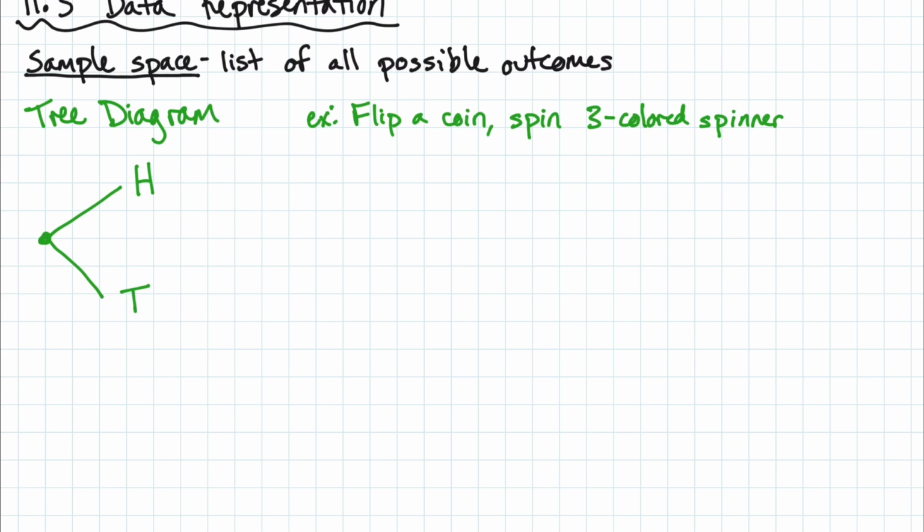Great. Well, now we're going to branch off of both of those and do the possible outcomes of my second event. So let's say my 3 colors are going to be red, yellow, and blue. Red, yellow, blue.